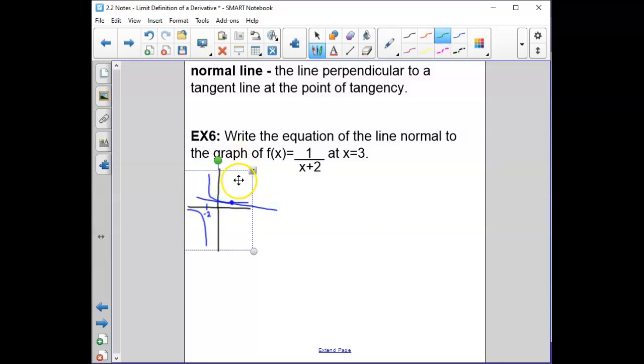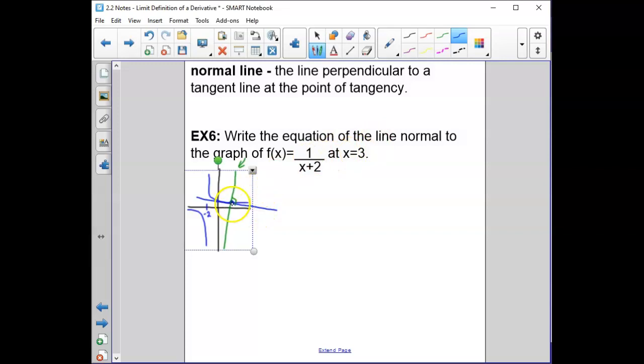We're trying to find the equation of the normal line, which is just that line perpendicular to this line right here. The steps are basically the same. We just want to use the opposite inverse of our derivative instead of using our derivative here.